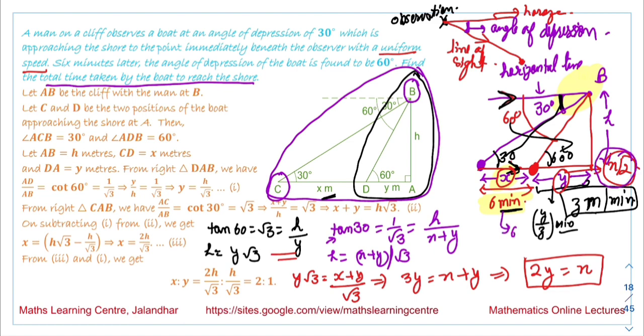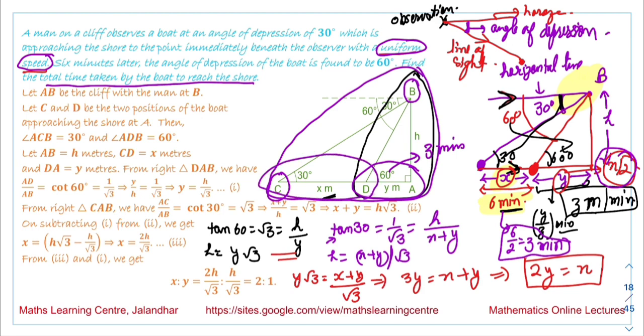That will be 6 by 2, that is equal to 3 minutes, because the speed is uniform. So this distance DA it covers in 3 minutes. DC distance it is covering in 6 minutes. So the total time taken by the boat will be the sum of these two, that is equal to 9 minutes.